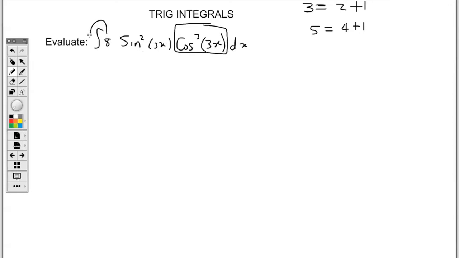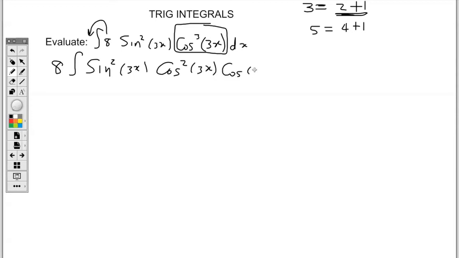Now, I am also going to factor out the number 8. So I have the 8 on the outside. Integral of sine square 3x. And the next portion here, because I want to decompose it in this form, it will become cos square 3x times cos 3x.